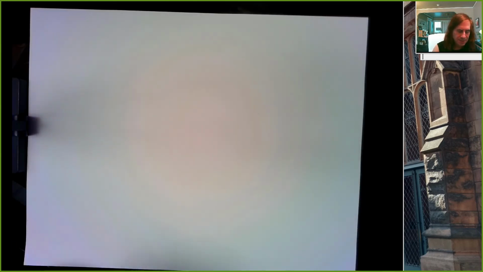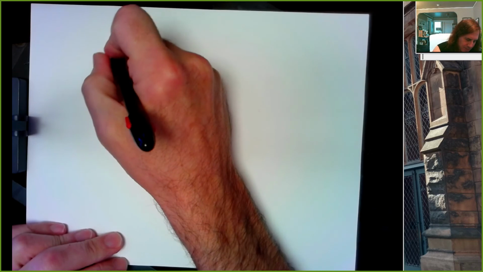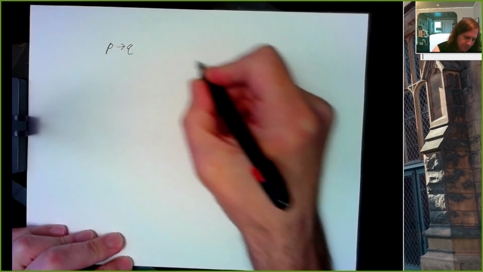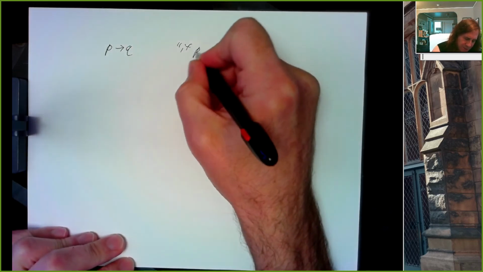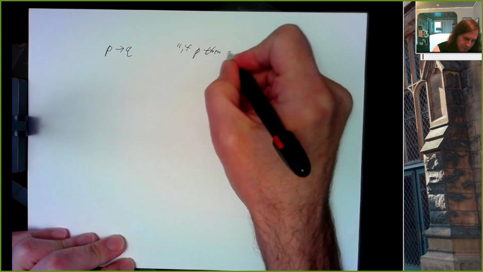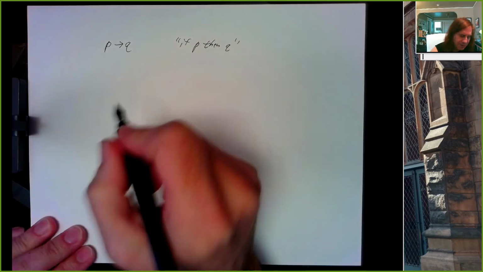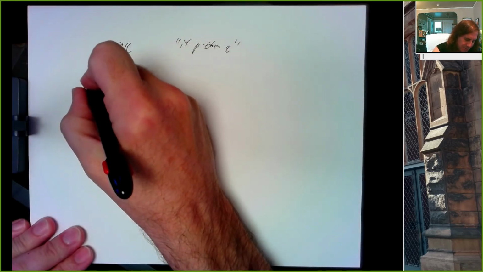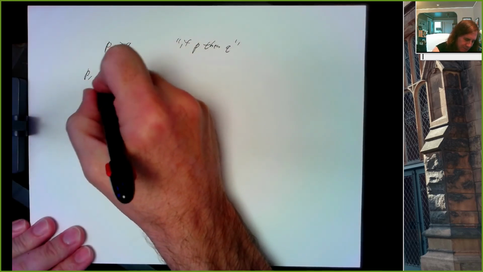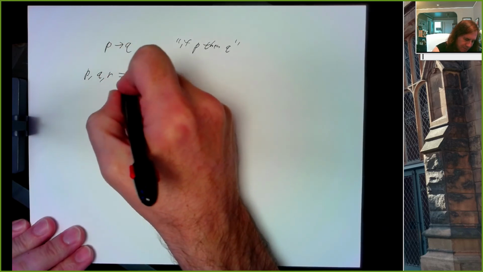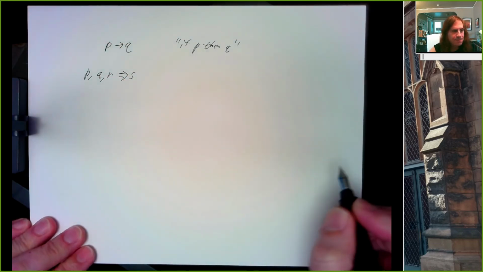But here's the main thing you're going to see. You'll sometimes see P arrow Q, which says, if P, then Q. And you'll sometimes see something like P, comma, Q, comma, R, double arrow S.